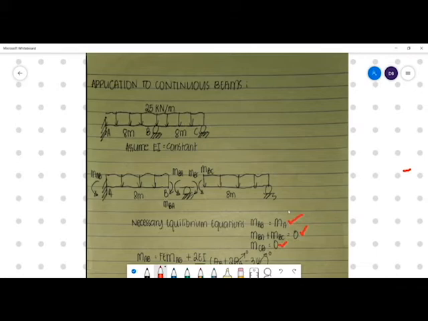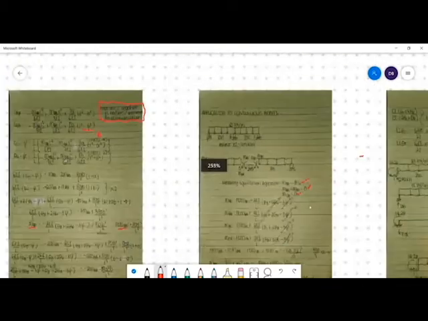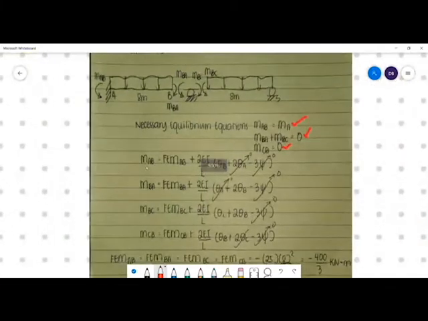So now we play with our slope deflection equations. MAB, our formula, is equal to FEMAB plus 2EI over L multiplied by theta B plus 2 theta A minus 3 psi.